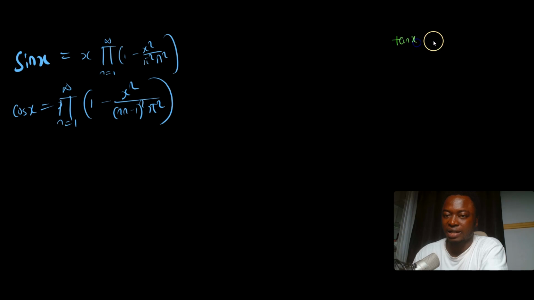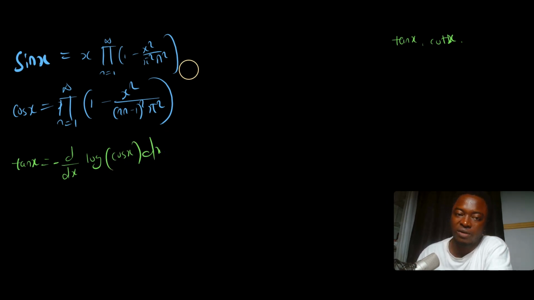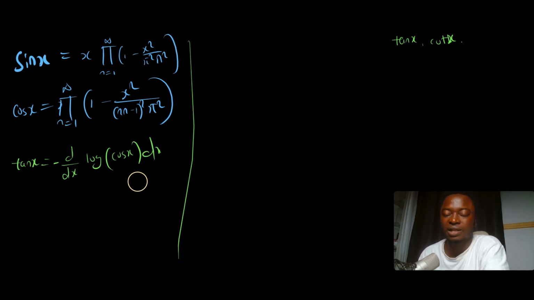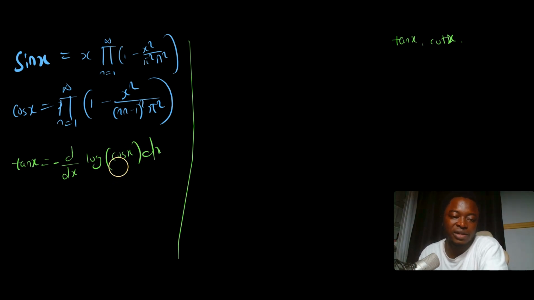tangent of x and also cotangent of x, because if you recognize that tan of x is negative times the derivative with respect to x of the logarithm of cosine of x. Because you take the derivative of the logarithm of cosine of x, you obtain cosine on the bottom and at the top a negative sign, and the negative here makes everything a plus sign.